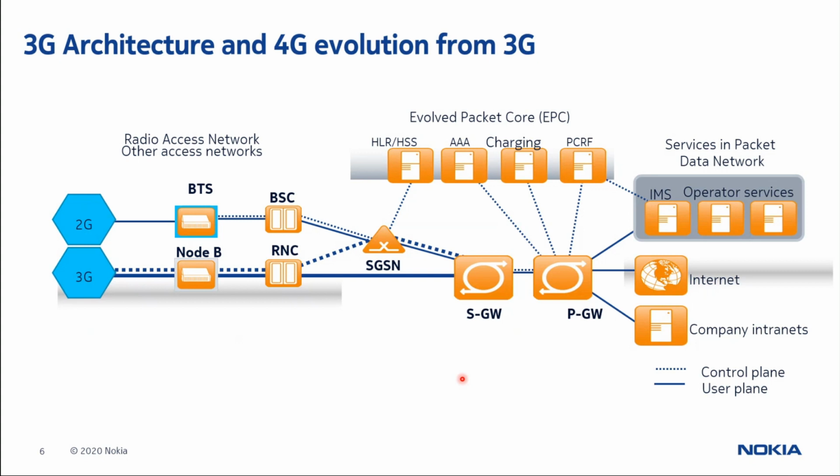Then why are we talking about a network which is basically able to cater only to the packet data service? Why is that? The answer to that question lies in the fact that when the LTE network initially got developed, the basic requirement to develop the 4G network was to provide improved data throughput.